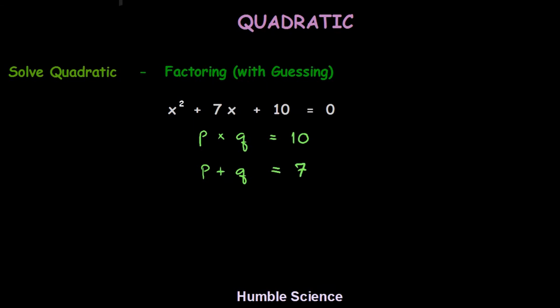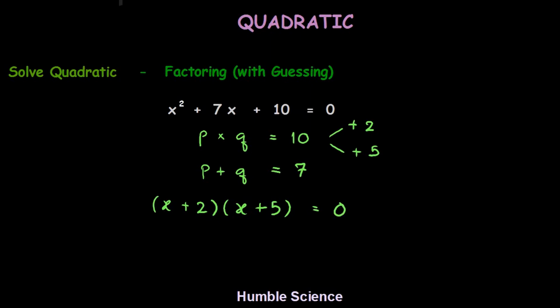Alright, so from here I can think of plus 2 and plus 5. That means the factors are going to be x plus 2 times x plus 5 equal to 0.